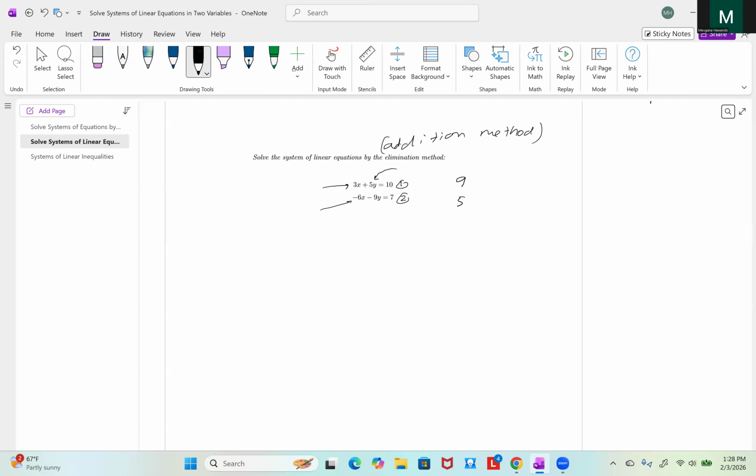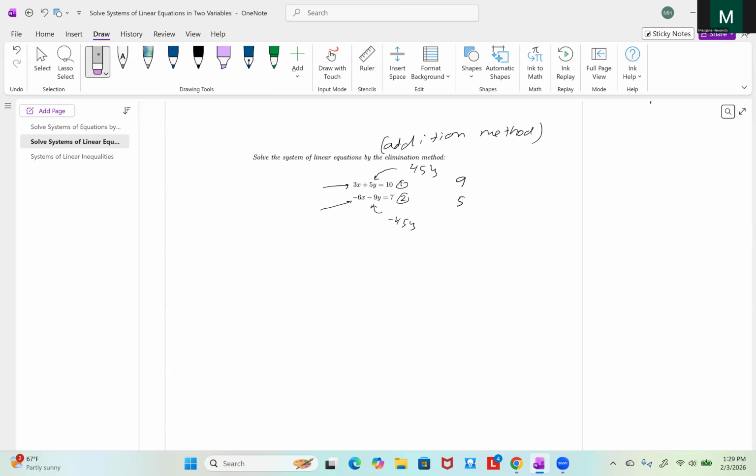In the first equation, it becomes 45. In the second equation, it becomes minus 45. So now we have 45y minus 45y. It cancels the y variable, and now we are only left with the variable x, and we can solve for x. Once we solve for x, we can back substitute in the original equation and solve for y.